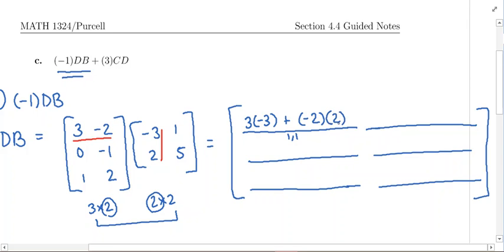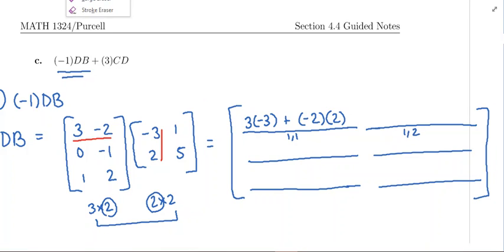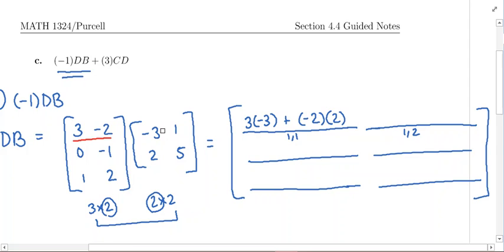Moving over, we do the first row, second column now. We're still using the first row, but now the second column. So we have 3 times 1 and -2 times 5, and then we add them up.